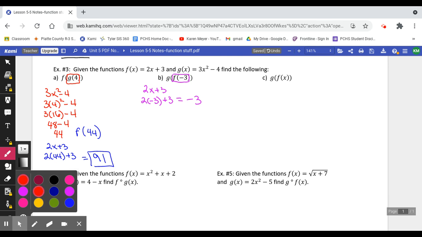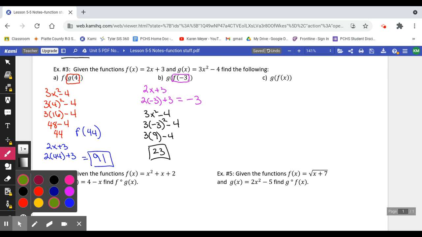Now you take negative 3 and plug that into the g function, 3x squared minus 4, plugging in negative 3 for x. Remember to square first. Negative 3 squared is positive 9. Then do 3 times 9 minus 4, which gives me the answer of 23.